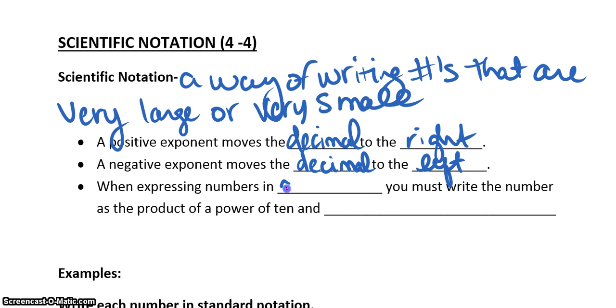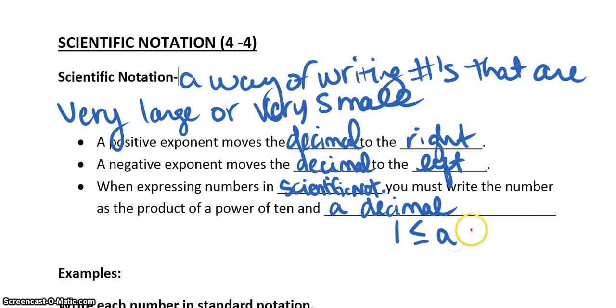Okay, when you express numbers in scientific notation, you must write the number as the product of a power of 10 and a decimal that is greater than or equal to 1 and less than 10.